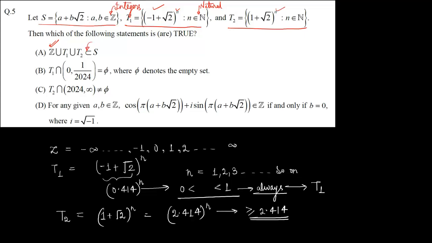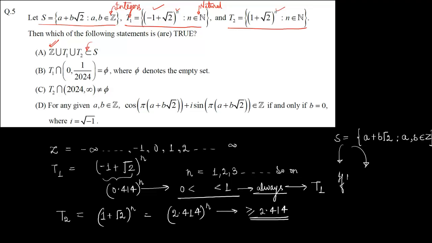So we have explored these three sets. Now let us check S. S has A plus B root 2, where A and B belong to integers. So it will have some irrational numbers also, and integers also.